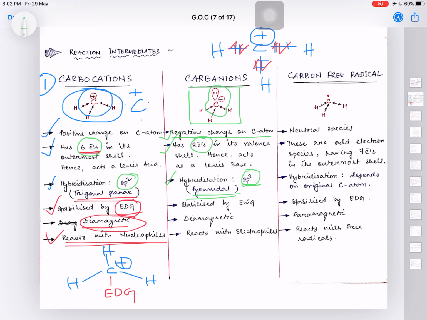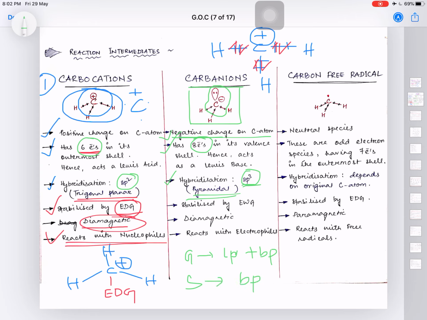But you see one more thing, geometry is tetrahedral but the shape is pyramidal. Geometry and shape I already explained in chemical bonding. In geometry we consider both lone pairs and bond pairs of electrons, but in shape we consider only the bond pairs.